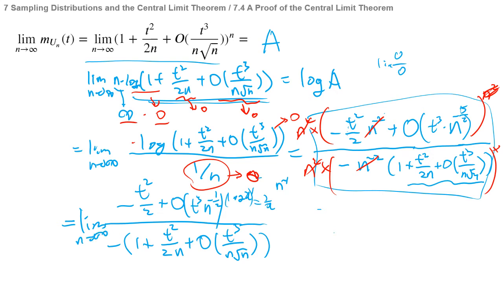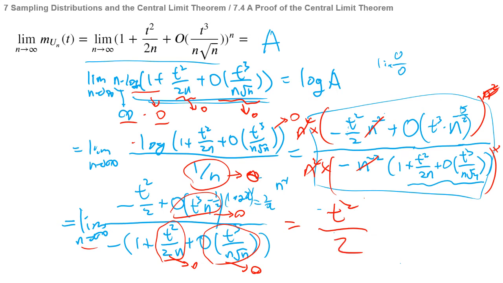Now as n goes to infinity, this part goes to 0, this part goes to 0, and this part goes to 0. So the limiting value would be minus t squared over 2 divided by minus 1, which is t squared divided by 2.